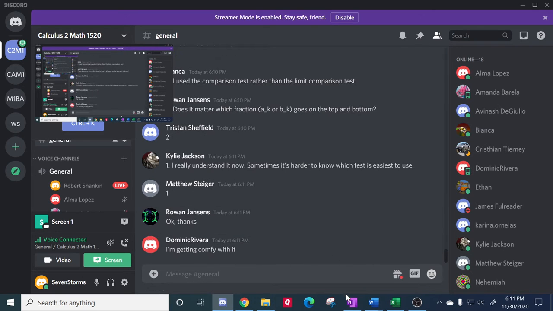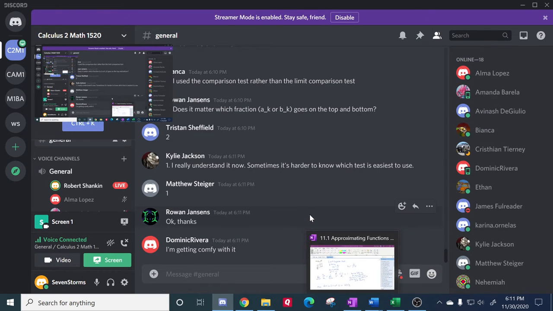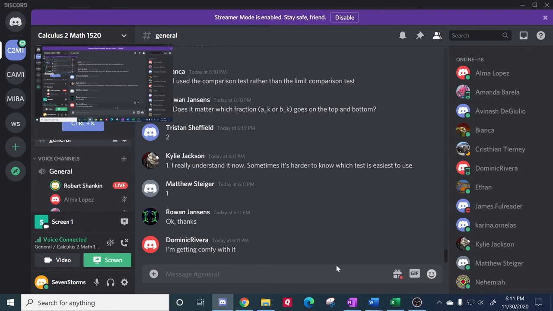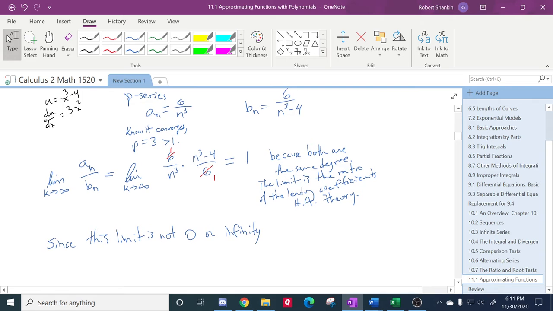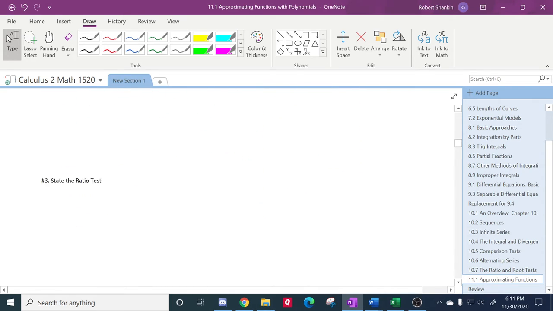State the ratio test from memory. Just the essence of it.